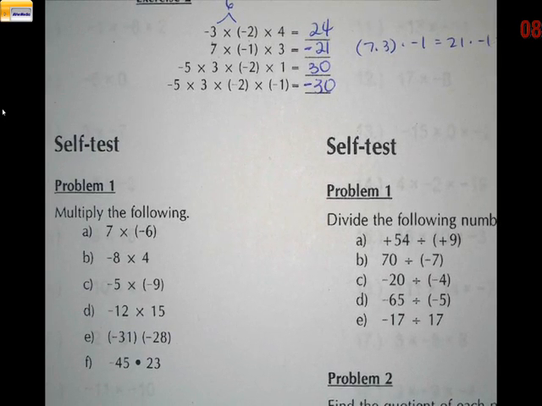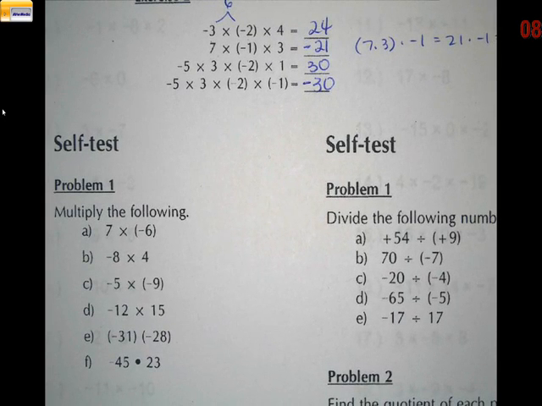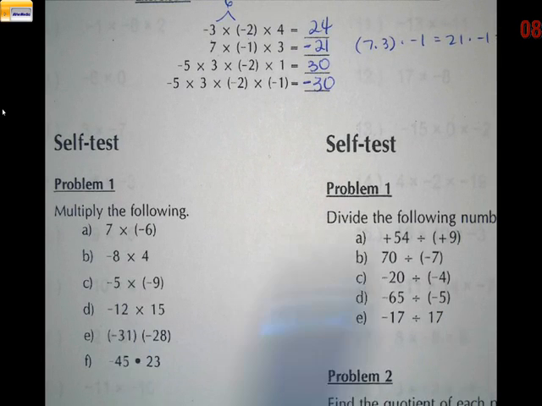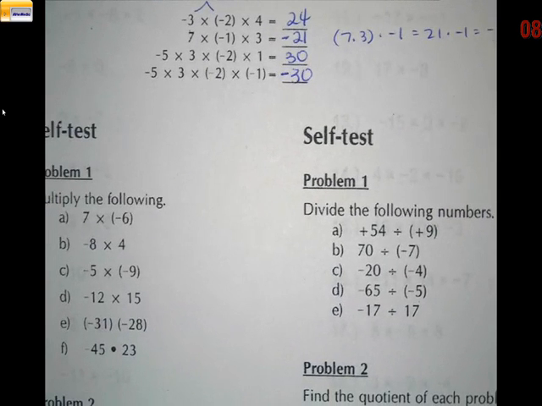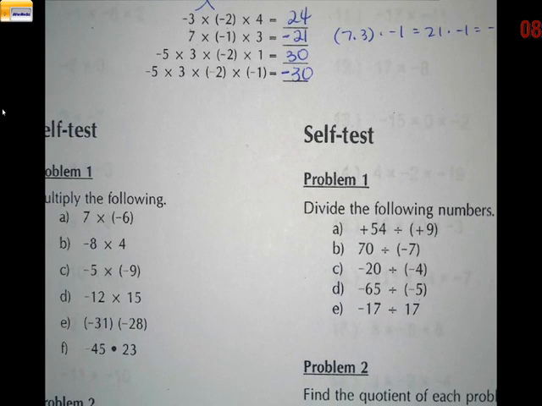Okay. Self-test problem number 1. Go ahead and try problem number 1 on both self-tests. One side is multiplication, the other side is division. Do that with your desk mate real quick. Tell me what answers you get.